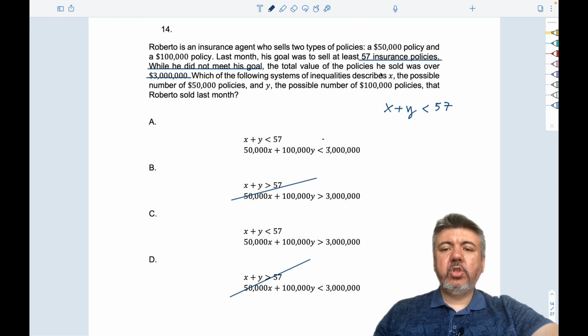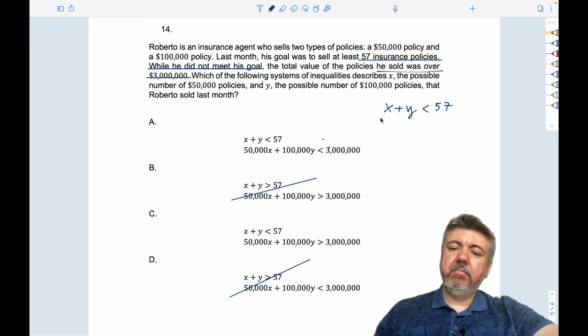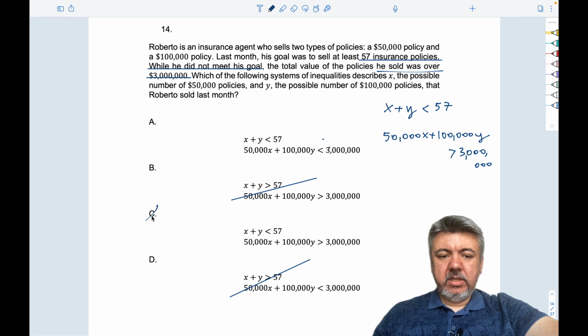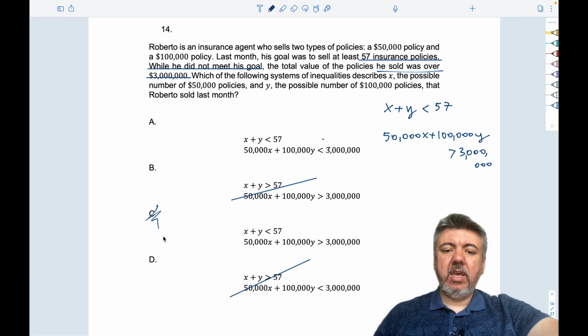On the other hand, he sold over 3 million, means 50,000x plus 100,000y is more than 3 million, which is going to be choice C.